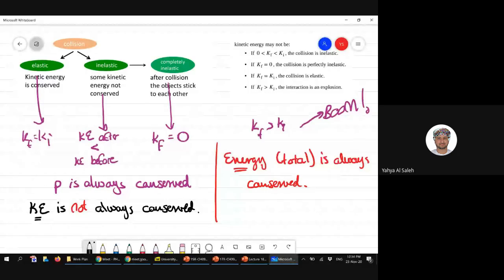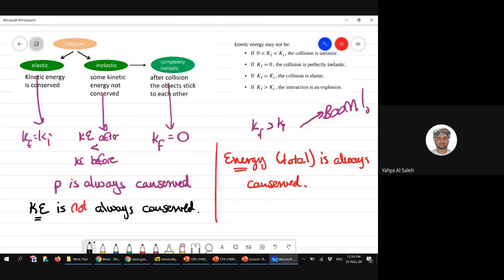You can remember it like an elastic band. You pull it, it goes back to exactly how it was. If some of the kinetic energy is not conserved, say for example, there's friction, there is heat, your kinetic energy is a little bit lost somewhere, we call it an inelastic collision.